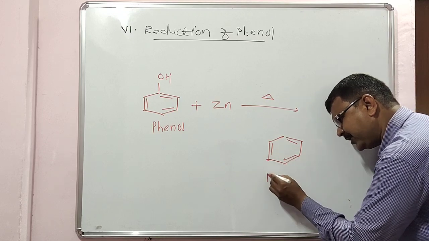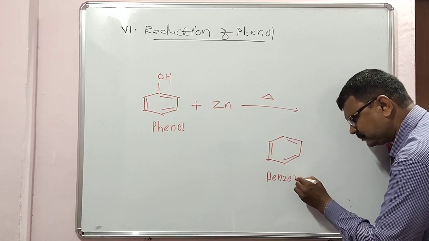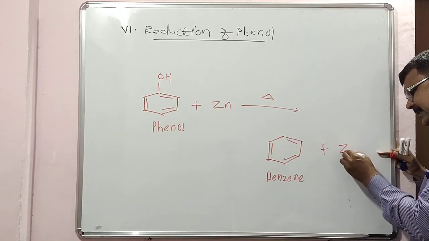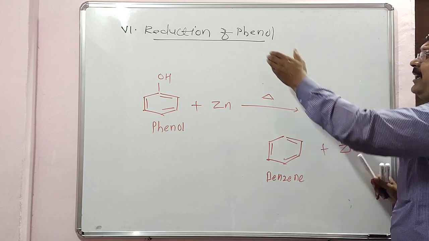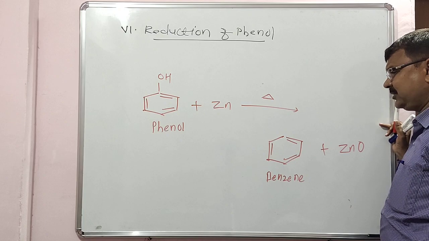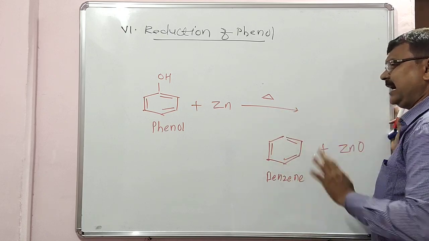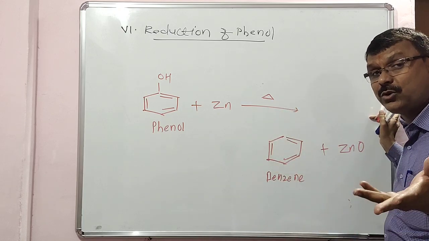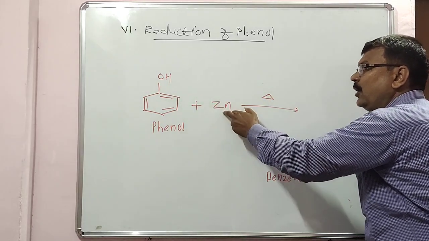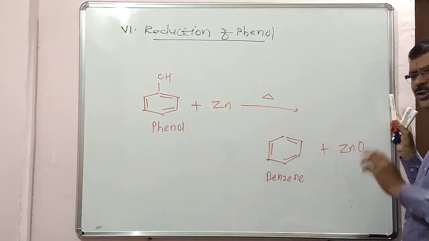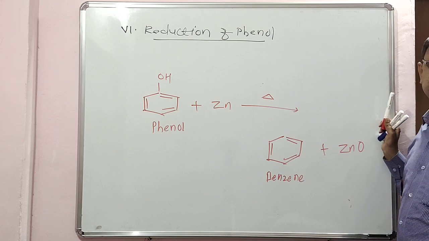What is this? Benzene, plus ZnO. In this reaction, everybody, a reduction of phenol, the removal of oxygen is also called reduction. The oxygen is removed and combines with the zinc to form zinc oxide.